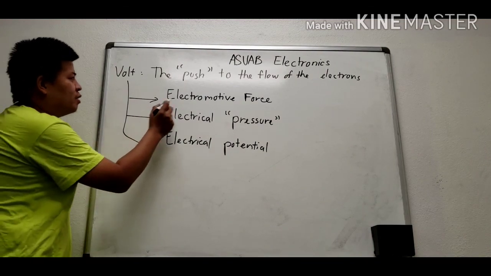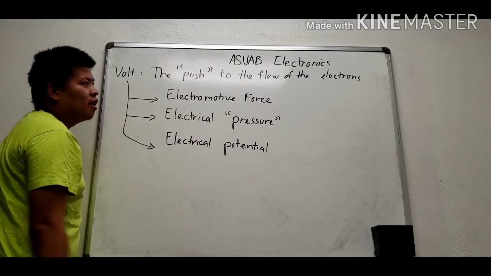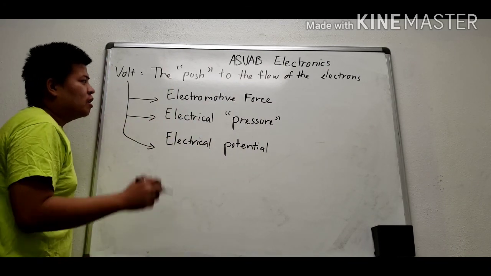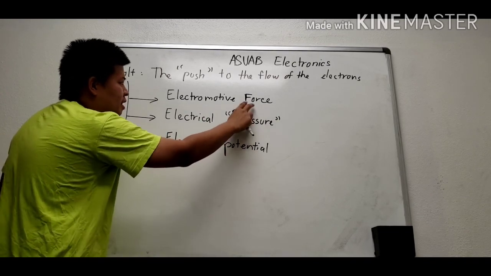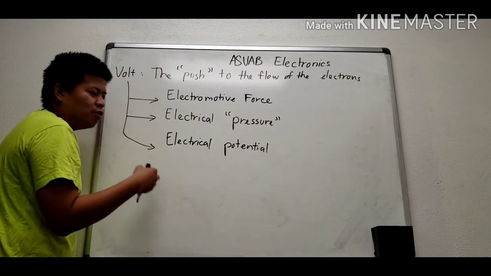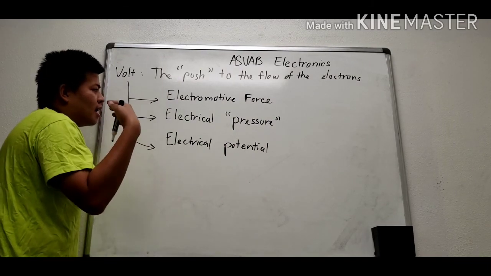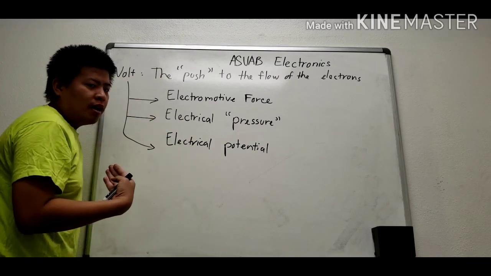That's electromotive force, because it has the force to push the flow of electrons. Electrical pressure, just the pressure, just like the force. Electrical potential, because it has the potential to move the flow of the electrons.